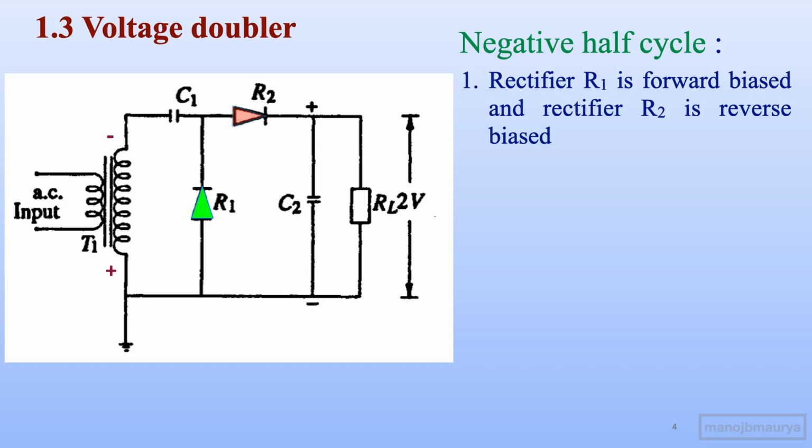Hence rectifier R1 is forward biased and R2 is reverse biased. So the current will flow through rectifier R1 and it will charge capacitor C1. Pay attention to the current flow animation shown on the diagram.